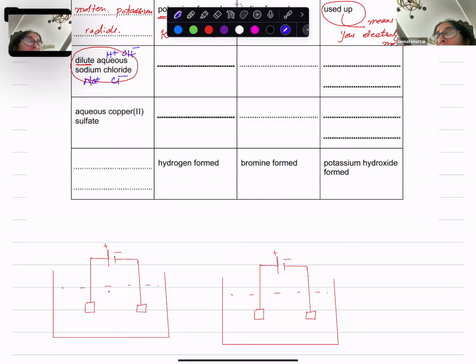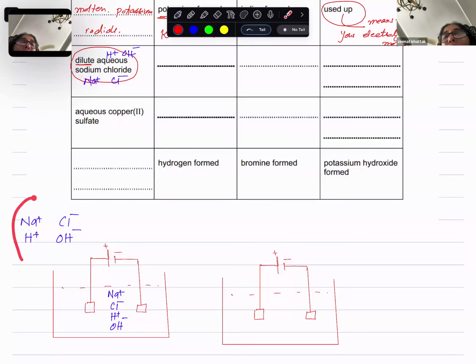So we have Na plus, chloride, H plus and OH negative, and it is dilute.